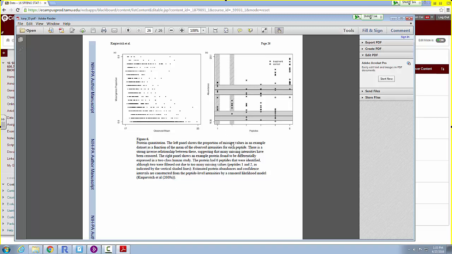Either that peptide was just not present in that rabbit's tissue sample, which is possible, or it was present but at too low a level for the instrument to pick it up. It's a censoring problem. These are not missing completely at random. All right, questions about that stuff so far?